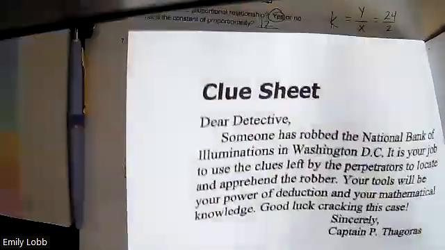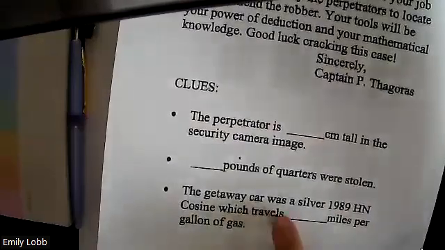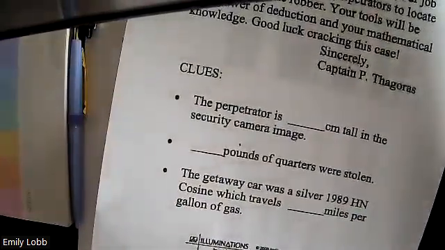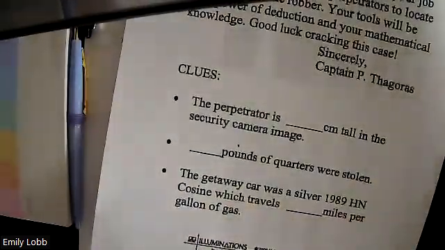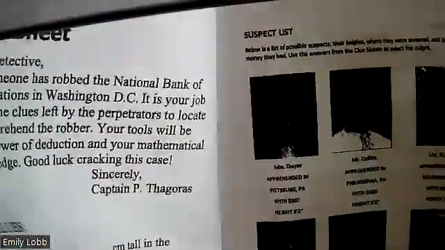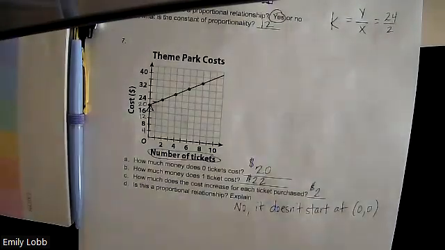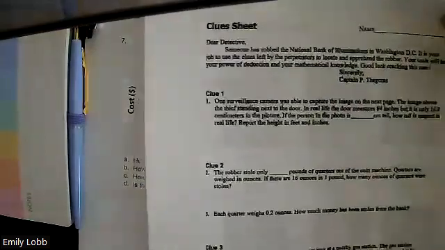So we have to figure out how tall the perpetrator is, how many pounds of quarters were stolen, and how far they could travel per gallon of gas. And we have some suspects here. All right, so turn to your clue sheet so we can get started.